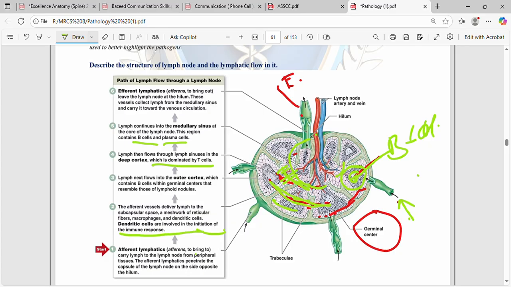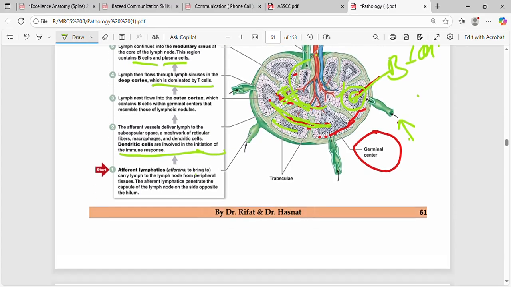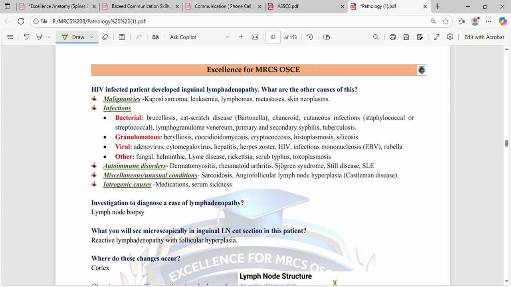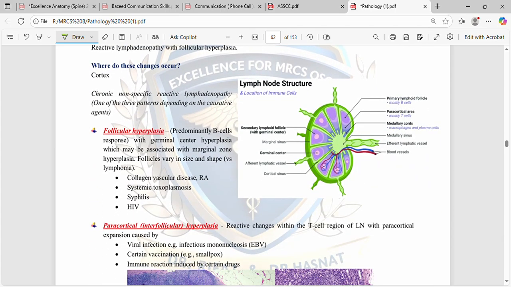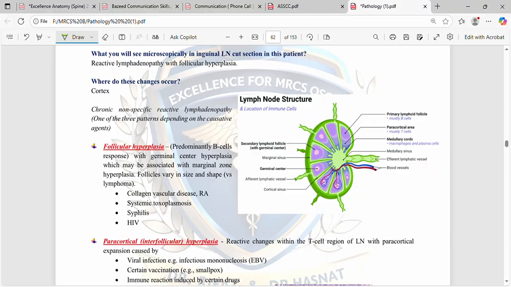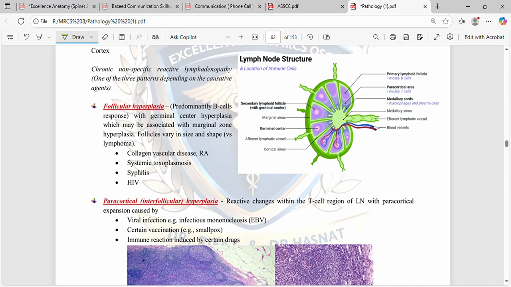And as we are discussing this lymph node, we can quickly discuss the different types of follicular hyperplasias or lymph node enlargement. So lymph node enlargement always occurs by three methods.